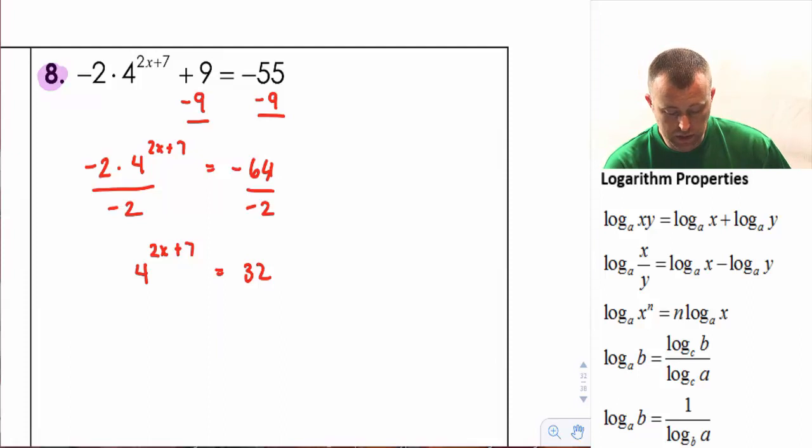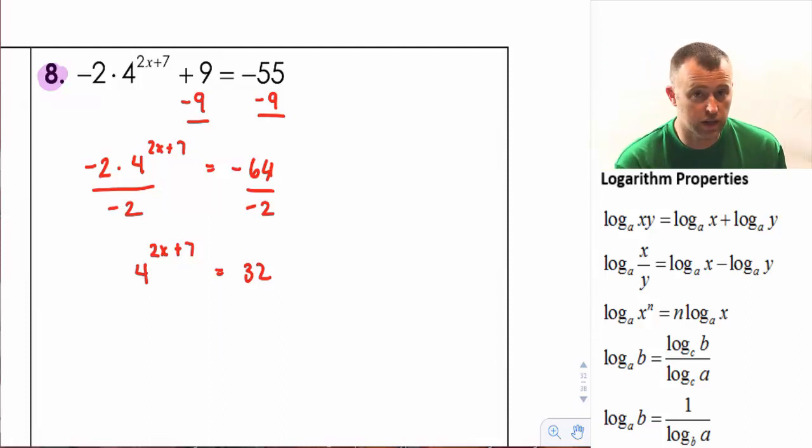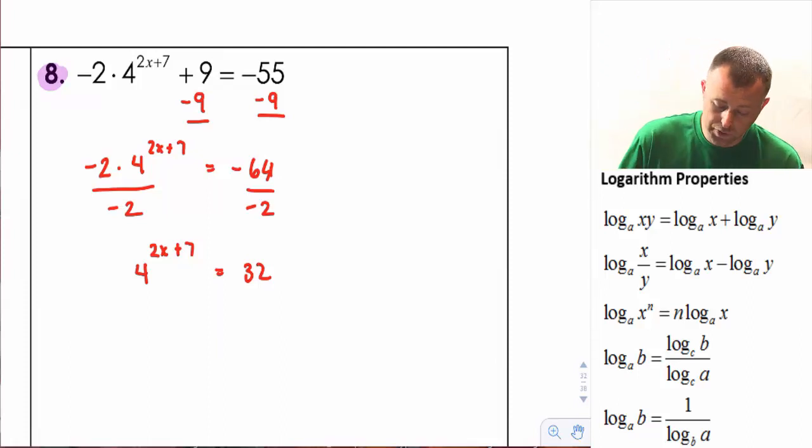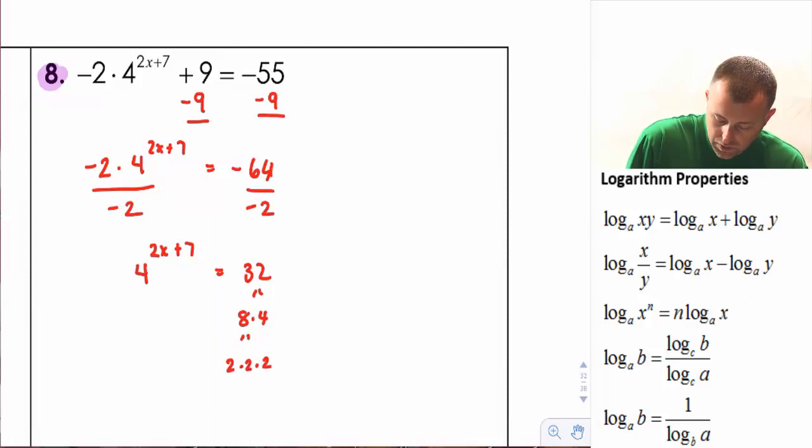Now, in this case, if you're on a test, you might want to see, oh, the 32, maybe I can break that into 4s, but you can't. You could potentially break it into 2s. So I just want to remind you that this would be 8 times 4, and that's 2 times 2 times 2, and that's 2 times 2.